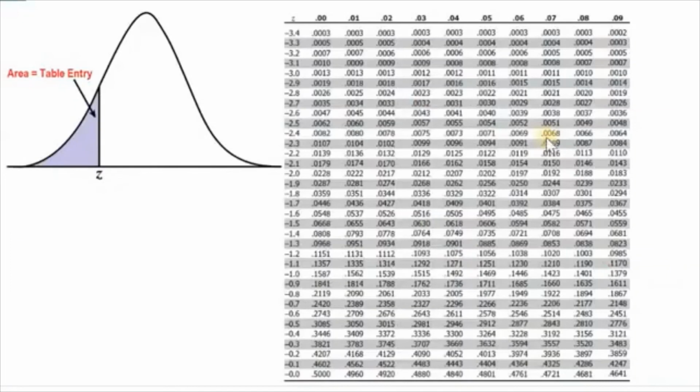Here we will try to find 0.10 among these tiny four-decimal-place numbers. So the closest number that I can find to 0.10 is this number here, which is 0.1003. So its corresponding Z score is negative 1.28.